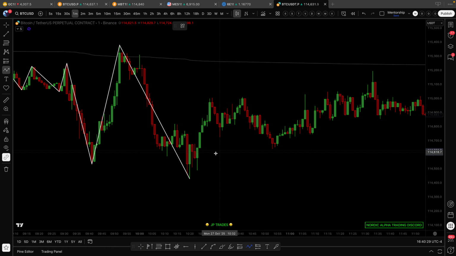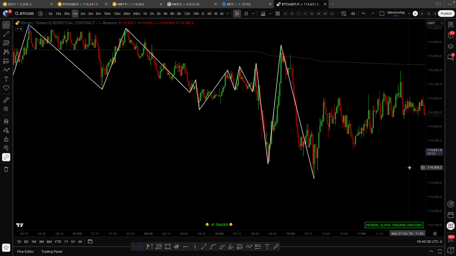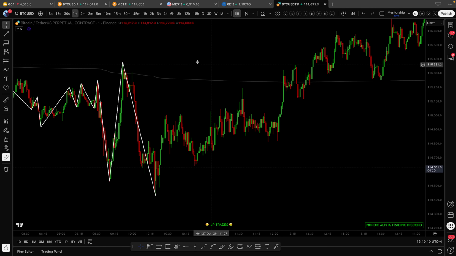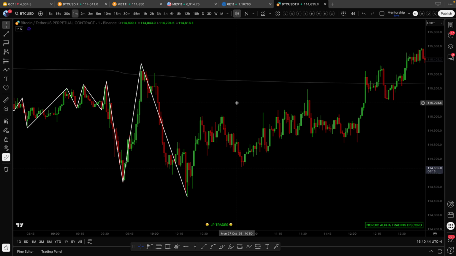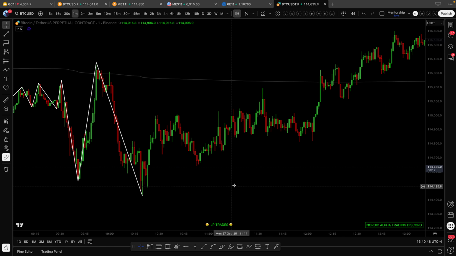So let's continue on. Do we break this high or break the low first? Well, everything on this screen is internal structure at this point. So let's keep on going until we find that break. So we don't break on the 1 minute from this structure to this structure until we get way over here.